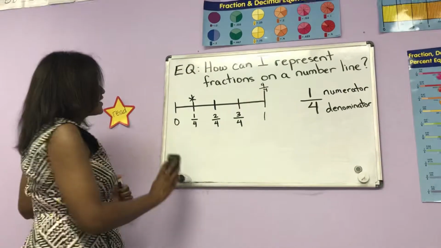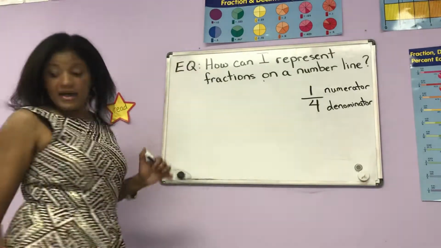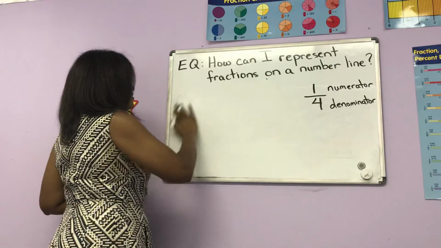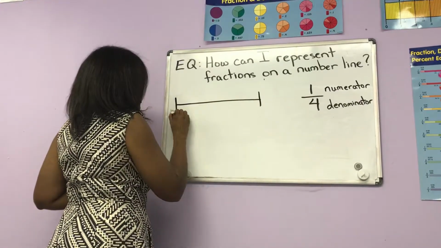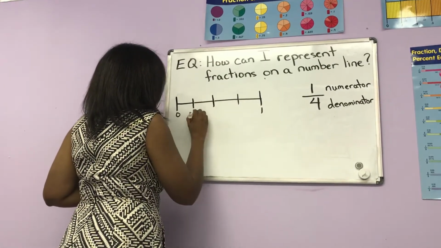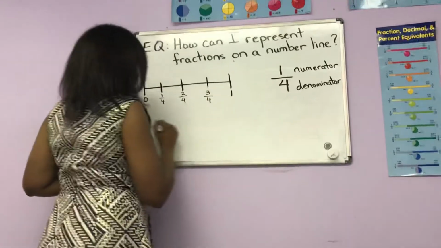All right, let's try some other example. Actually, let me put that back here because I do want to compare something for you guys. So I will put that 4th number line right here. So we have 1/4, 2/4, 3/4.